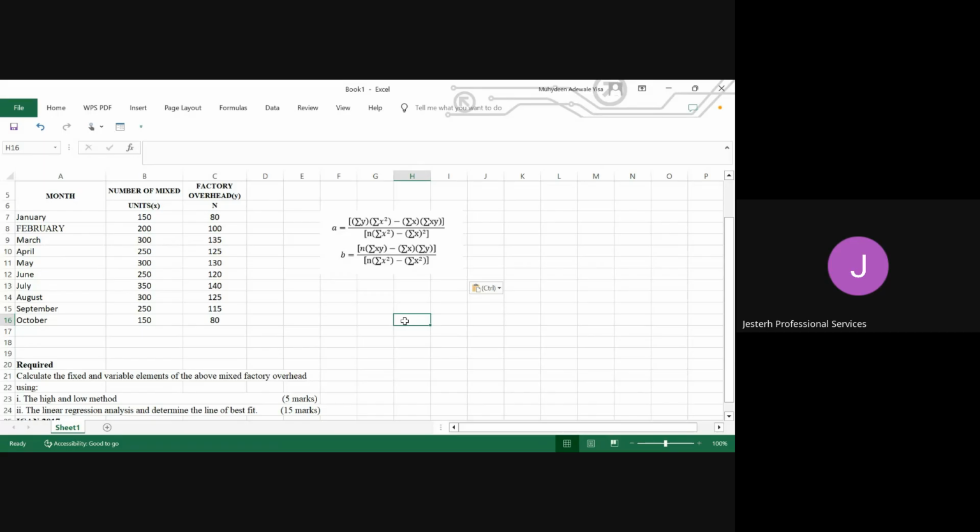We are going to determine what is our X. This one is months. If it is on a yearly basis, we have to base it on a yearly basis. But what we are using here is from January to October.